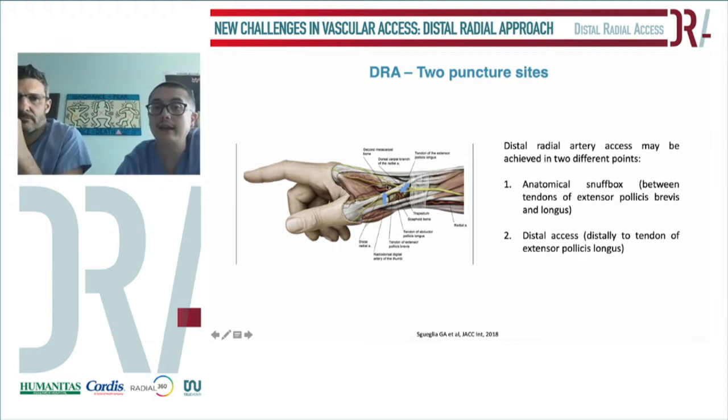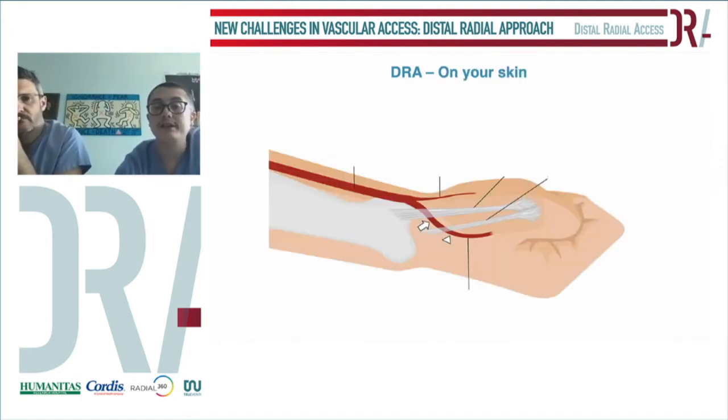Or if we prefer, we can puncture the very distal dorsal radial artery way beyond the extensor pollicis longus. So this is a scheme where you can find the same thing, the two tendons, and here you have the anatomical snuff box, and here the distal.